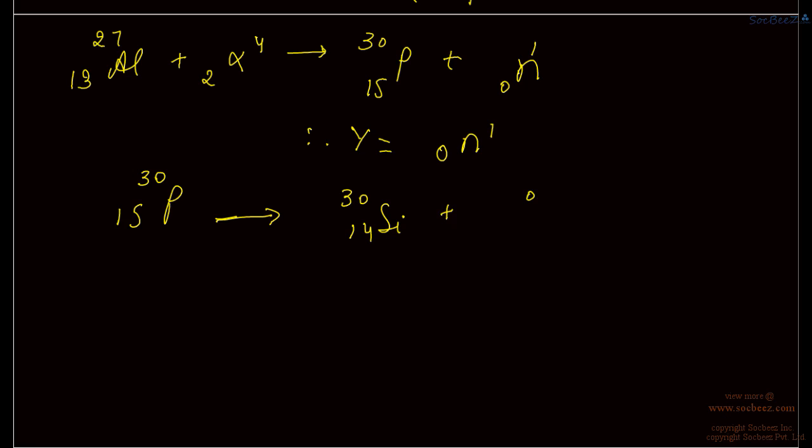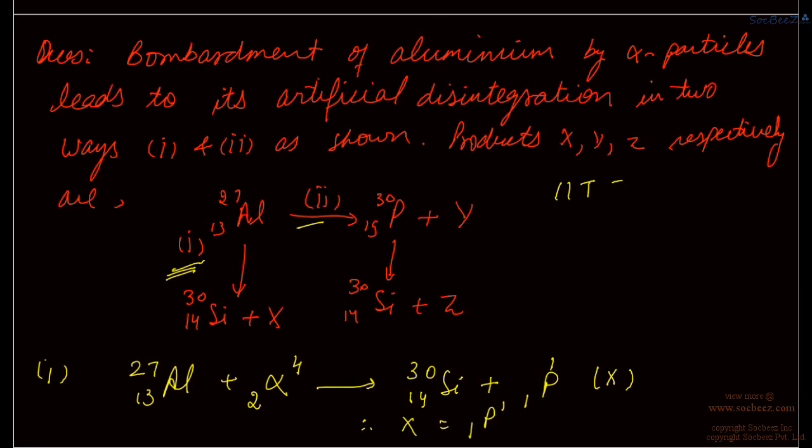And in case of charge, to balance this charge there should be plus 1 here. And we know that in this case this is a positron. Therefore Z here is positron. And hence X is proton, Y is neutron, and Z is positron. So very easy problem. This appeared in IIT JEE 2011. So very easy problems are asked from this chapter.